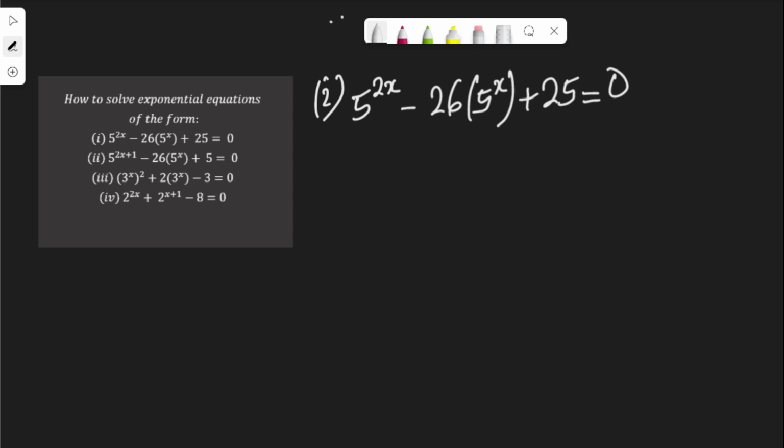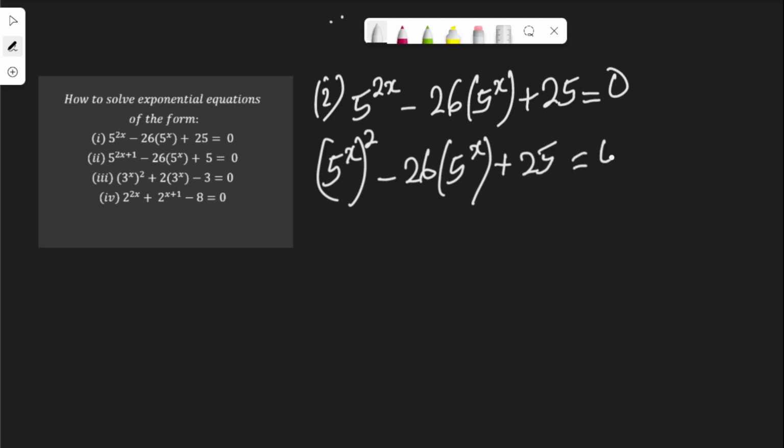To reduce this to a quadratic equation, I'm going to rewrite this first term as 5 to the power of x, then to the power of 2, because x times 2 will still give us this 2x here. I'm doing that so that this term and this one will be the same. I have minus 26, then 5 to the power of x, then plus 25 equal to 0.